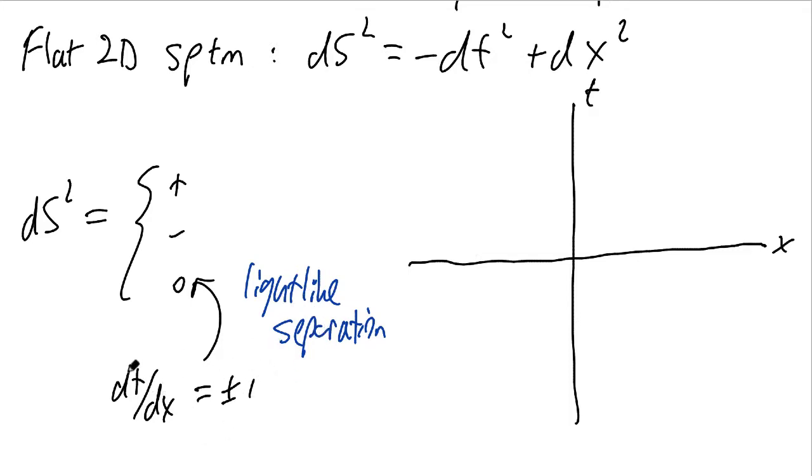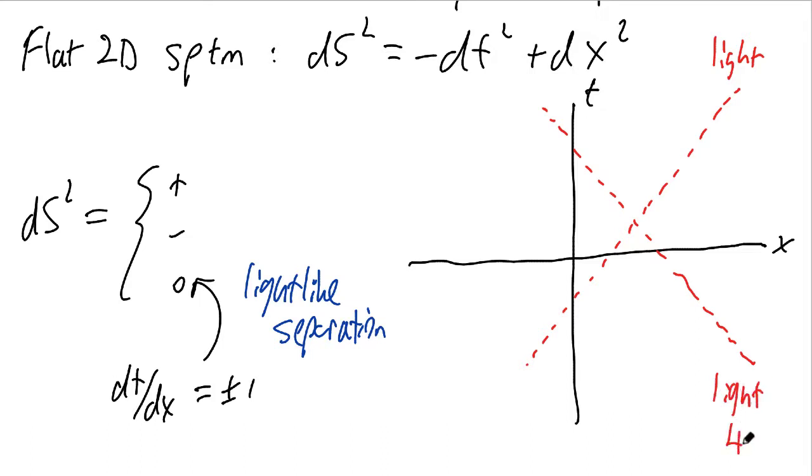So from here we see that light rays travel along 45 degrees in this diagram, along curves of slope plus or minus 1. So if I can draw this at about 45 degrees, there's one light ray, here's another light ray. So here's light at 45 degrees.